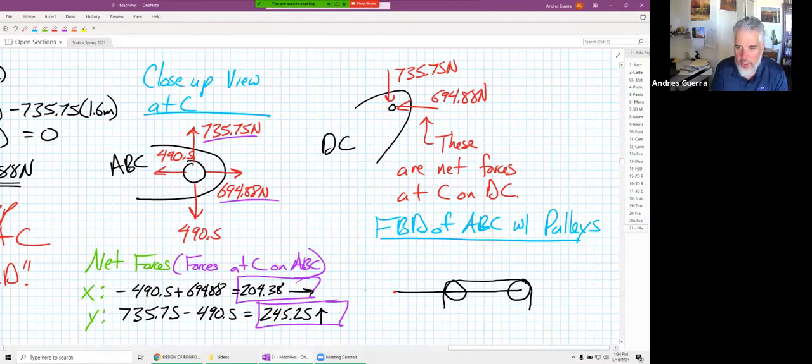Now at A, we'll still have an AX and an AY. At C, we're still gonna have a CY and a CX, but we're only gonna have the forces in the pulley here, a 490.5 newtons there and a 490.5 newtons there.